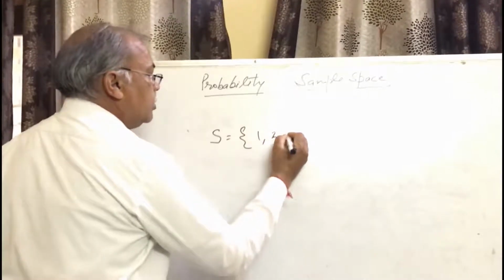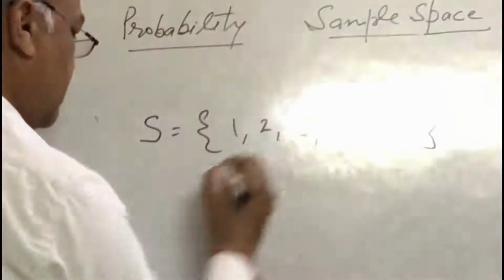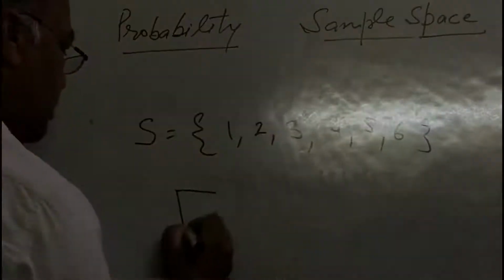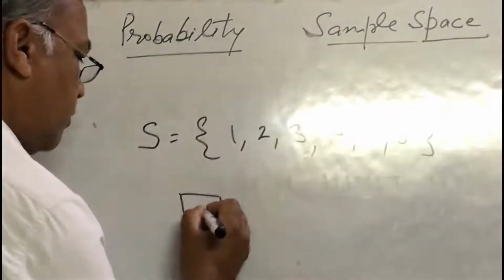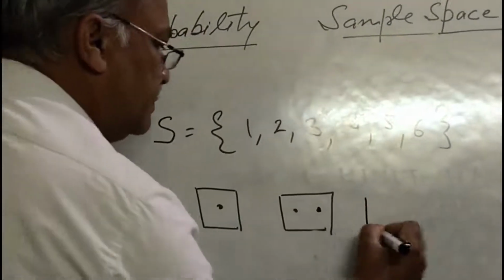1, 2, 3, 4, 5, 6, and the faces are like this: 1, 2 dots.